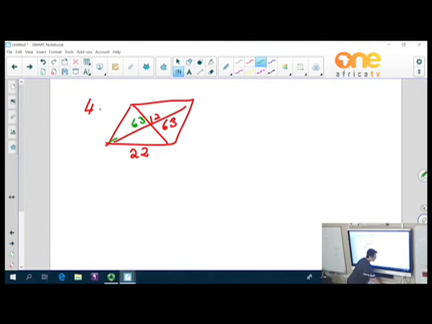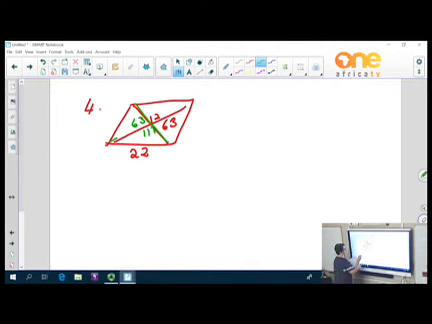So we can say 180 minus 63, and that gives you then that angle of 117 degrees here that we have there. This line is 12. So we have to calculate the length of QR.